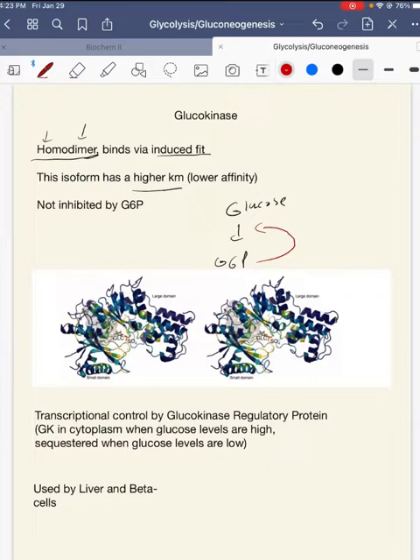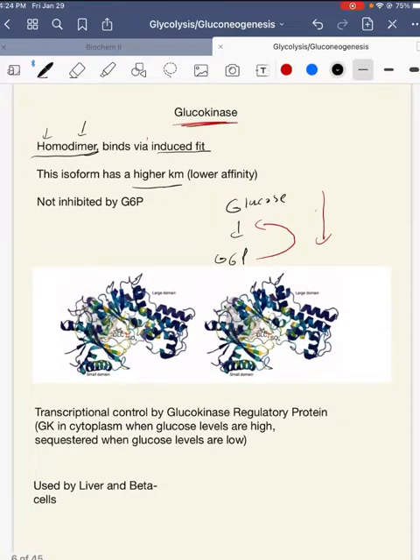If the liver is running really fast glycolysis, it will make a lot of G6P. If the liver runs hexokinase isoforms 1, 2, and 3, this G6P will go back and inhibit the enzyme. The reason the liver has this enzyme is because it doesn't get inhibited by glucose 6-phosphate. Does that make sense? Okay.